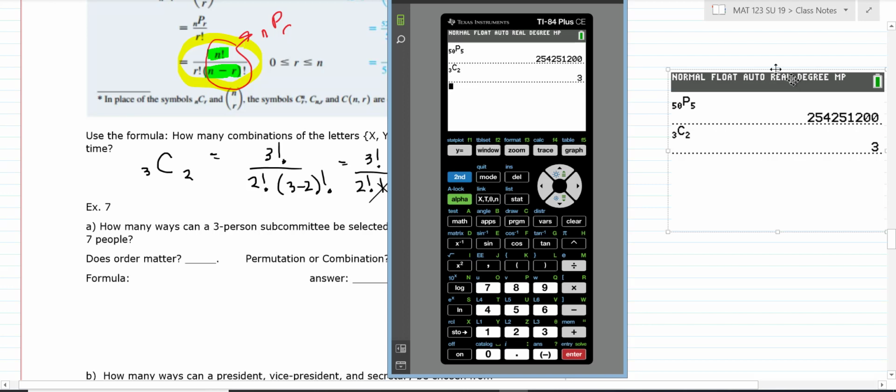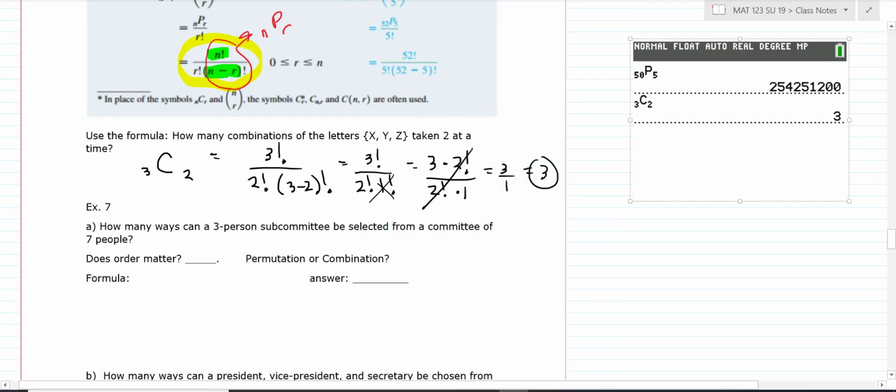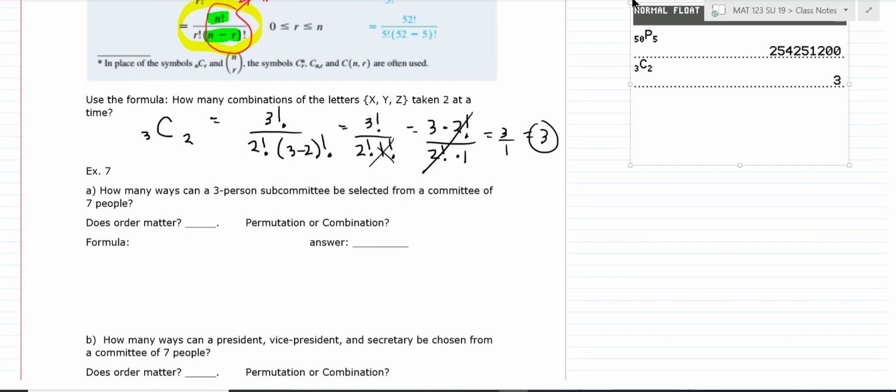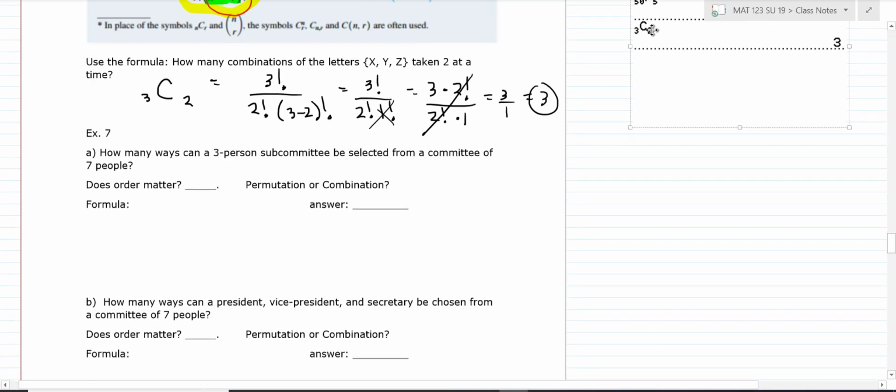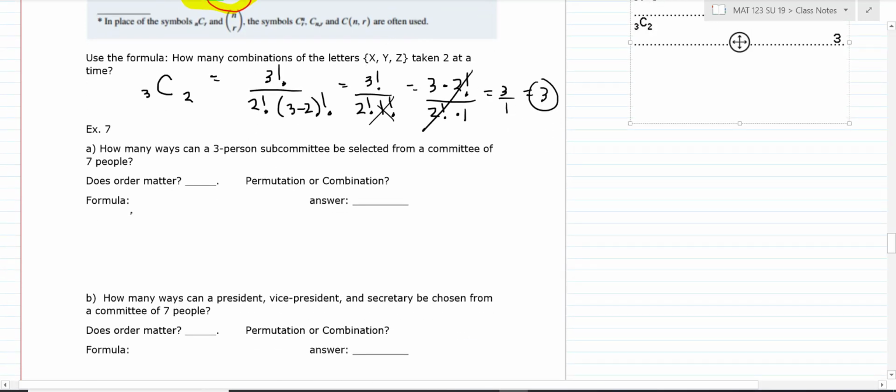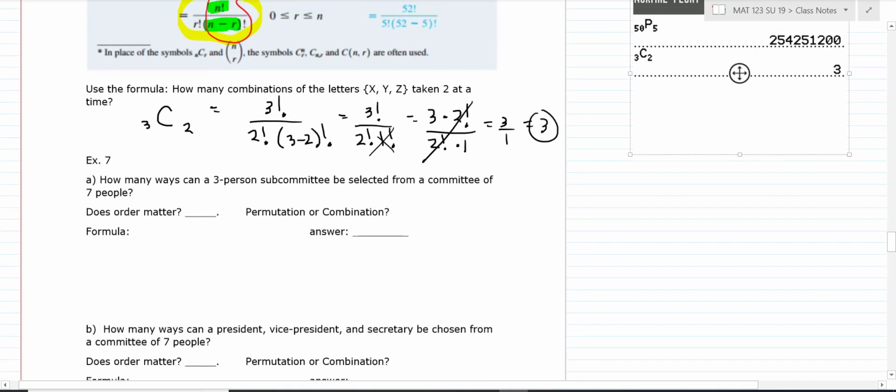You can easily do these on most scientific calculators, and all of the graphing calculators have this built in. Okay, so let's take a look at some examples here. Mostly what we're going to do is set up the formula, write the formula out, and then go to the calculator.